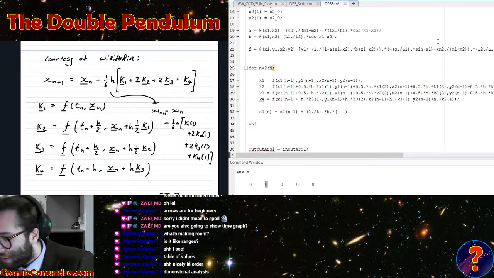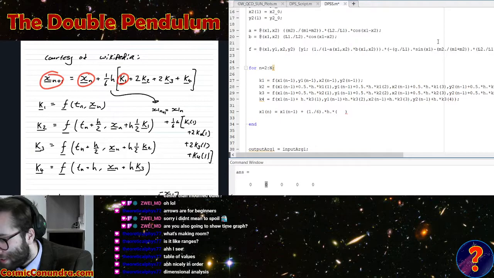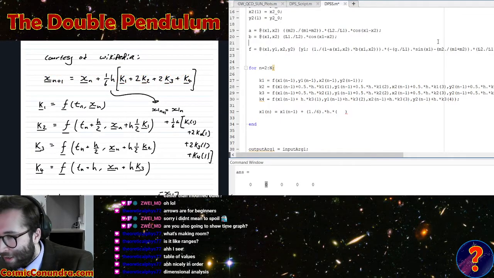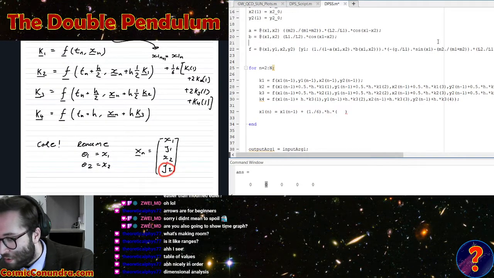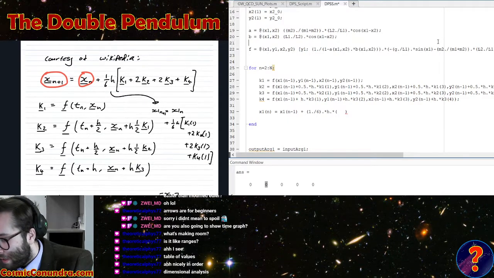So this vector equation says the first component of this is equal to the first component of this plus a half h times the first component of each k. And likewise, the fourth component of this, which corresponds to y2, will be equal to the fourth component of this vector plus the fourth component of each of the k vectors.